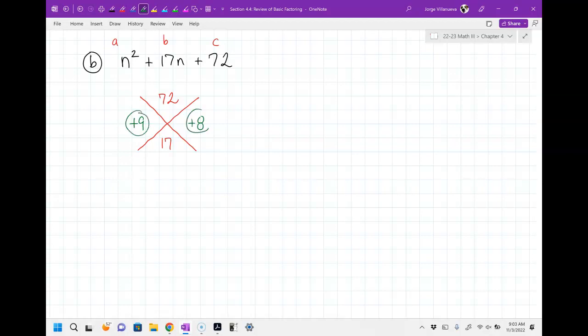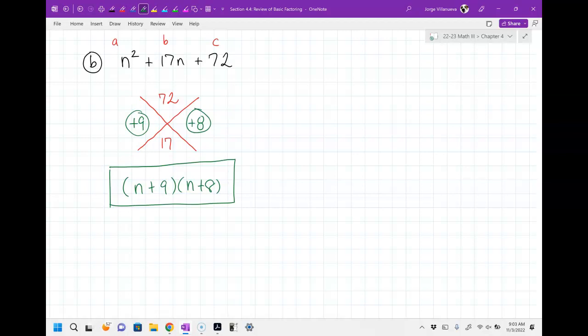I'm going to circle these, and here's my answer: n plus 9, n plus 8. And that's it. To get the 72, it's a times c. To get the 17, it's just b. Whatever b is, you drop it.